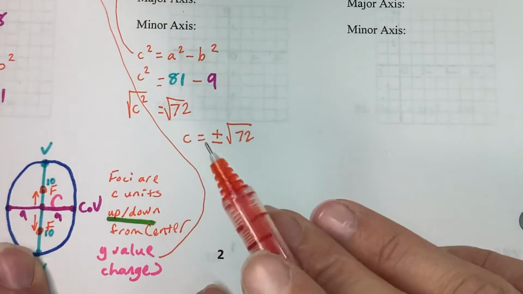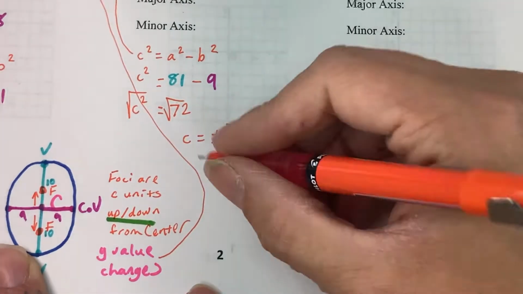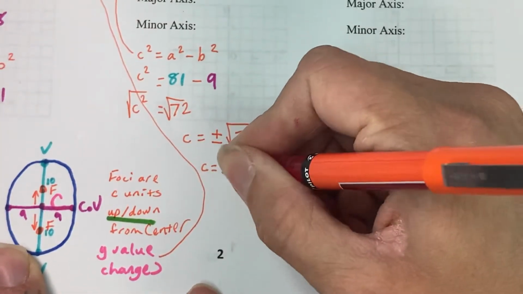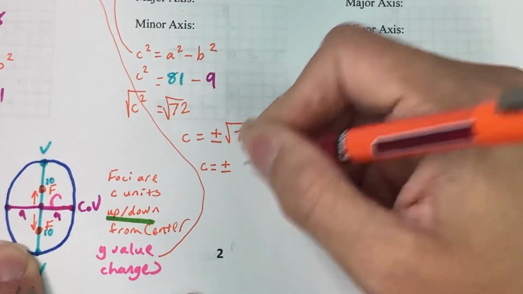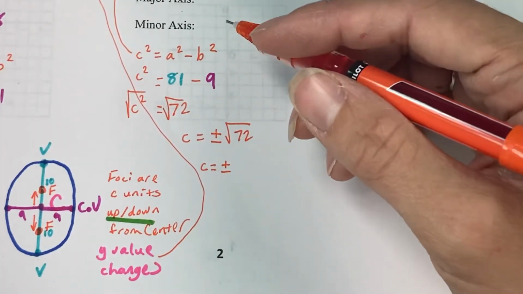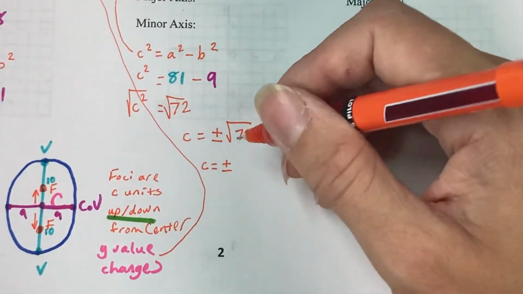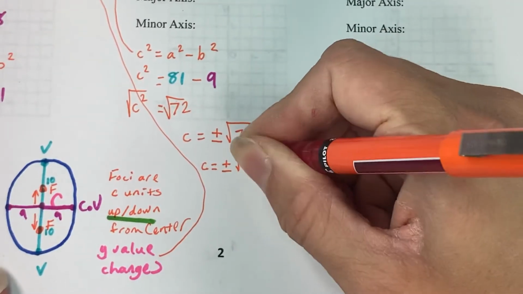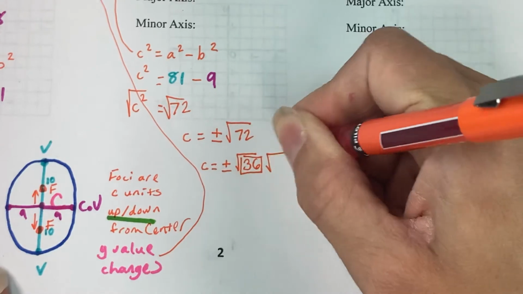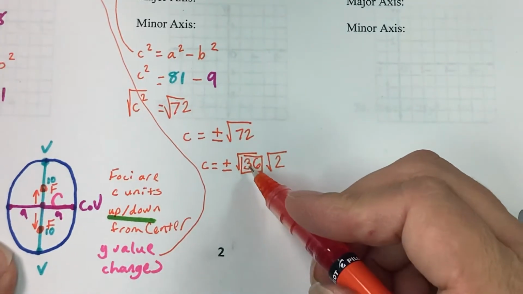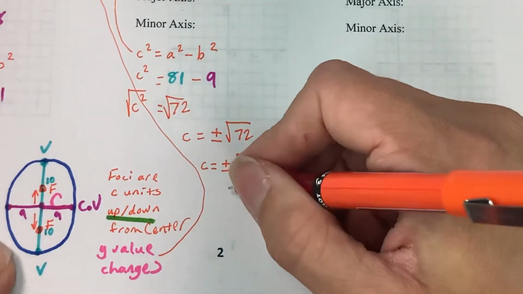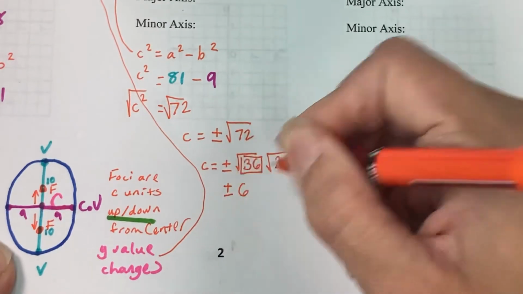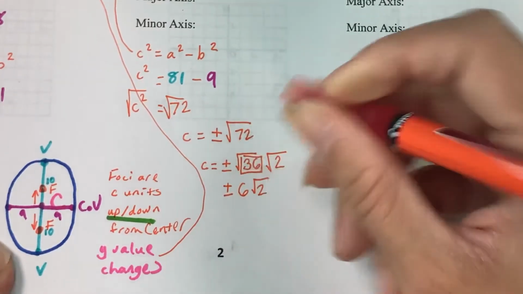What we need to do is simplify what is under the radical by taking out the biggest perfect square that we can. So sometimes 9 is the first of the perfect squares to jump out at you as a factor of 72, but your biggest perfect square is going to be 36. So my perfect square factor of 36 is 6, and that leaves me with radical 2.